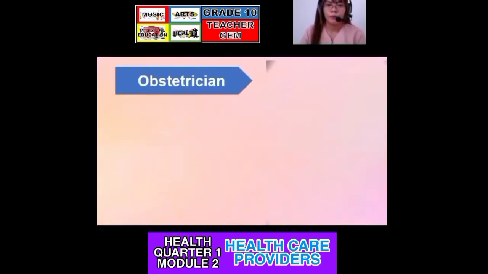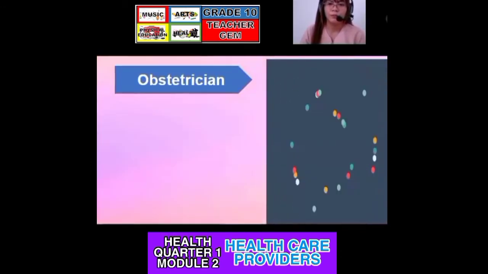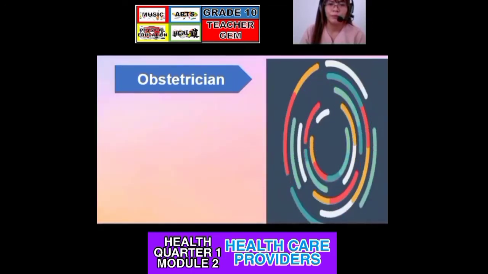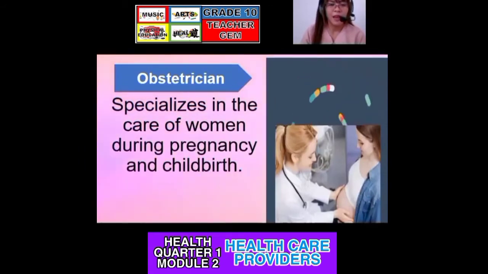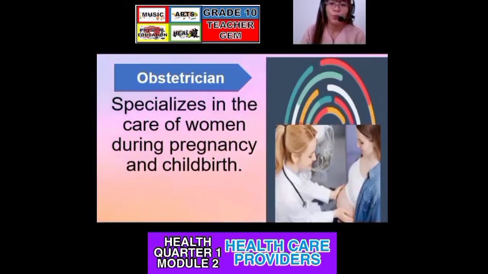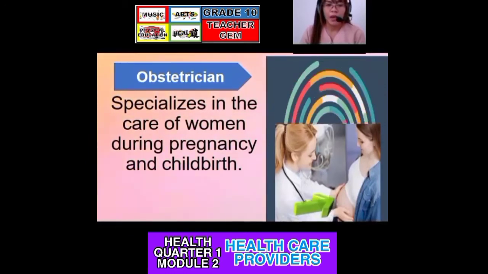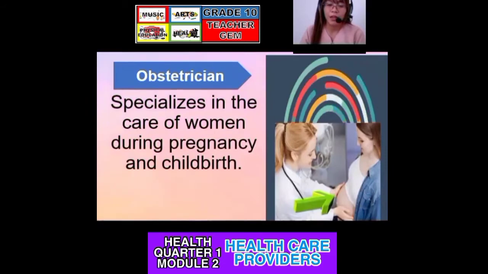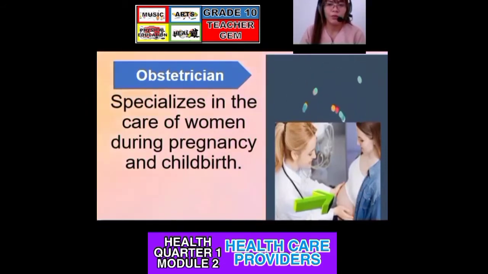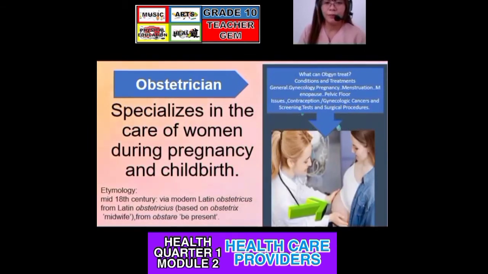Next we have the obstetrician. An obstetrician specializes in the care of women during pregnancy and childbirth. So if you have a problem in pregnancy or childbirth, an obstetrician is right for you. What can an OB/GYN treat?